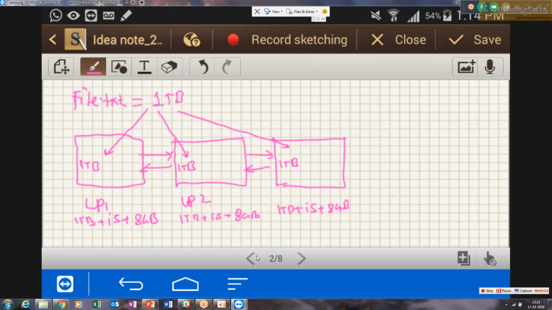Basically, if one laptop goes off for some reason, we still have two laptops with the available data in it, right? And then we will get enough time to replace the laptop if it crashes, and then store the data back into it to have three copies of this 1 terabyte. Okay, so these three copies are sometimes also called the replication factor.